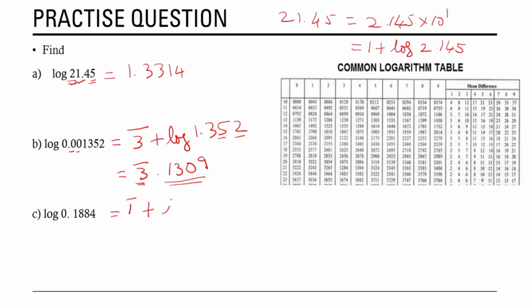So bar 1 plus log of 1.884. For log 1.884, the first 2 digits are 18, so we take row number 18 and column number 8. It is 2742.